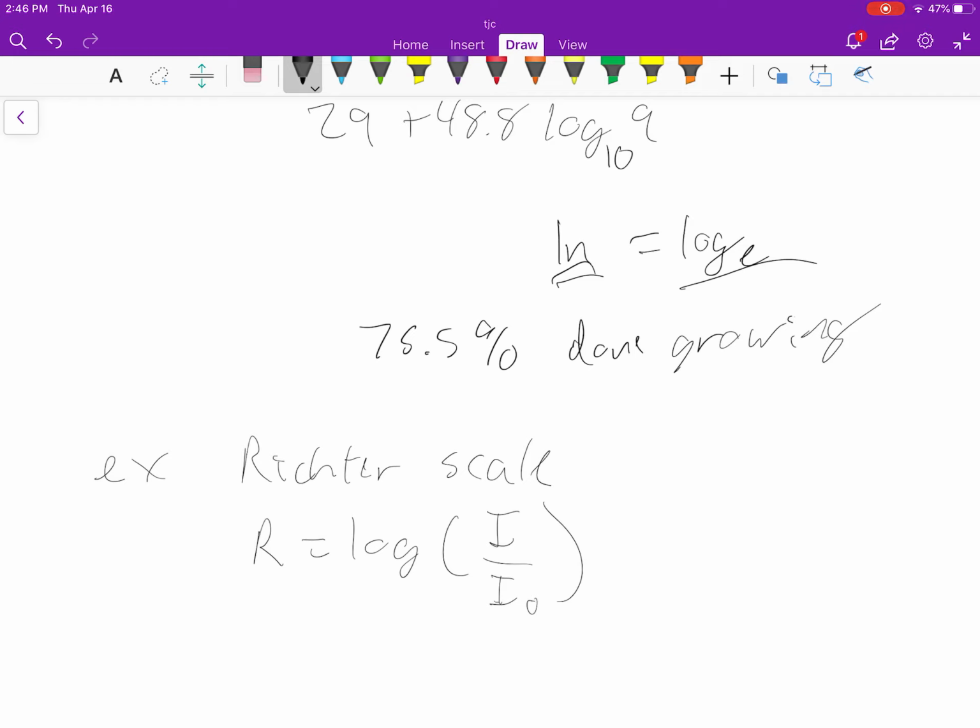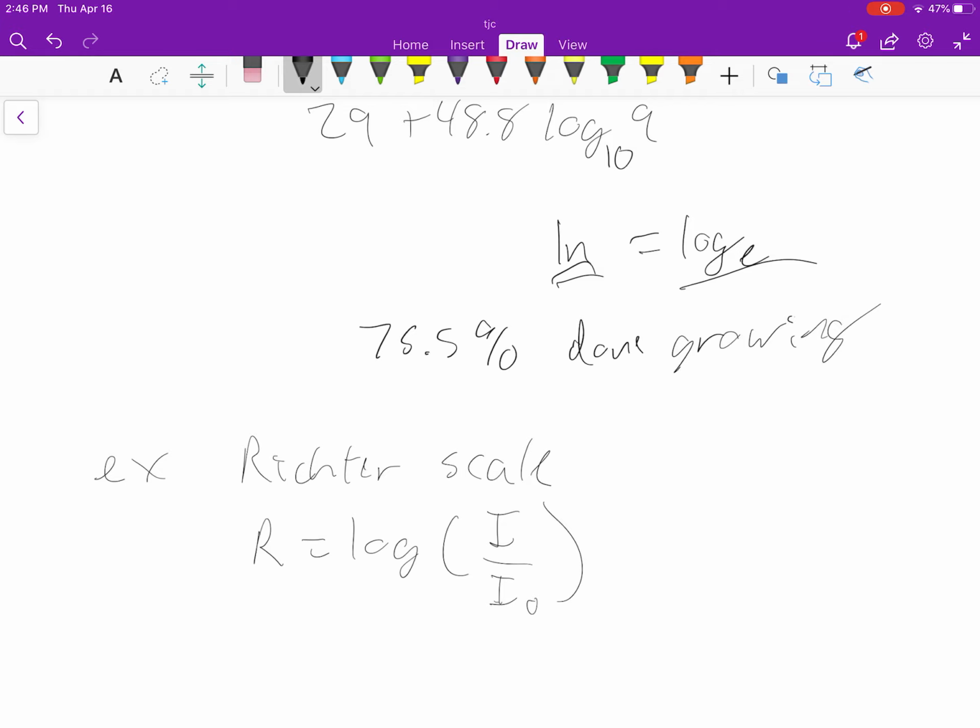You can barely feel it, and they call that your base earthquake. And this is again log base 10. You're going to compare every earthquake's intensity to that earthquake.